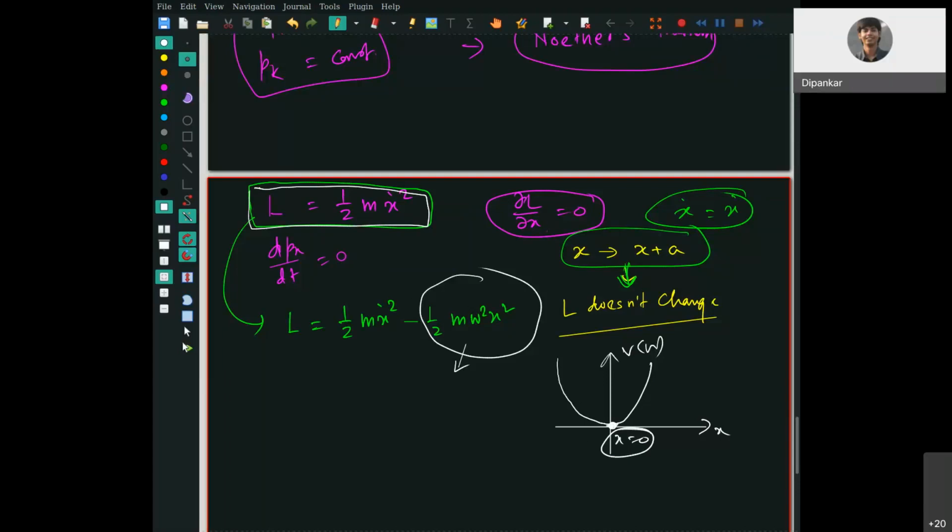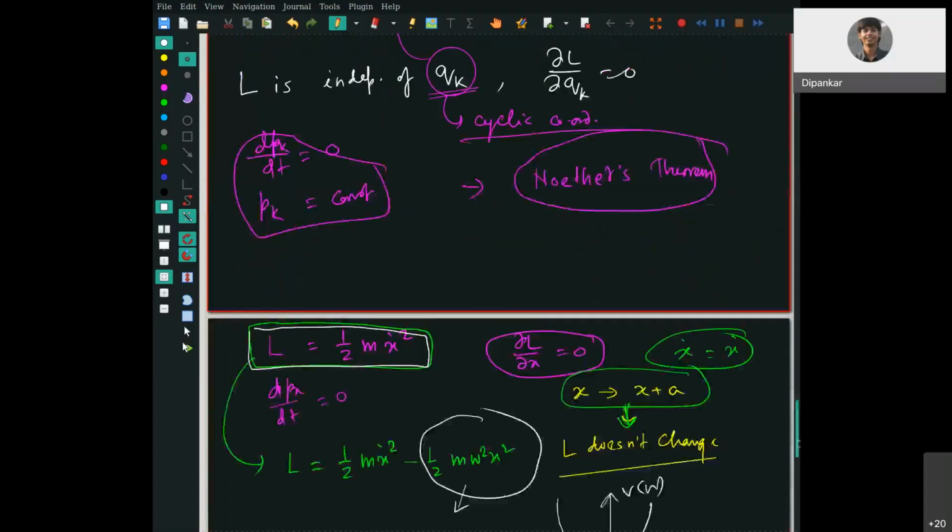In Newton's language, you would say the linear momentum is conserved because there is no force. But in Noether's language, you would say because there is a translational symmetry in the Lagrangian. Because if I change my coordinate from x to x plus a, my Lagrangian doesn't change, and due to that symmetry, my linear momentum is conserved.